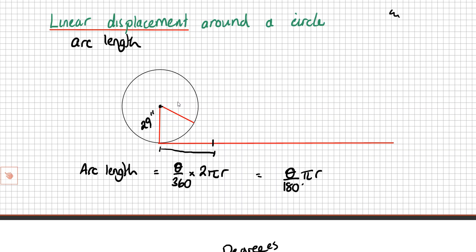The radius is 29? No, the 29 inches is the wheel, the whole thing. So the diameter of the wheel is 29 inches. Let's figure out how far it would go if it's gone through 60 degrees.